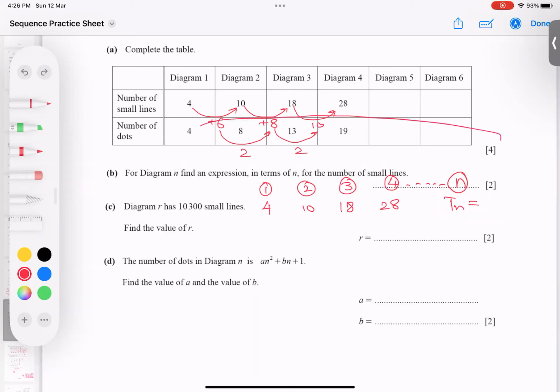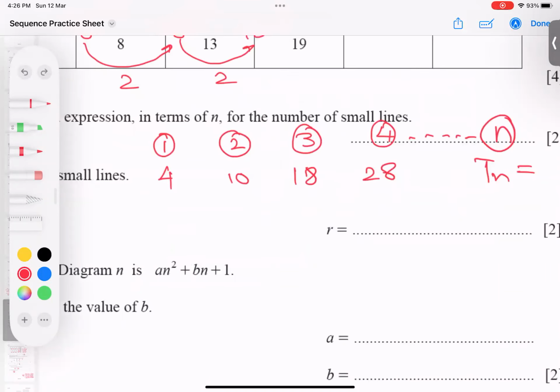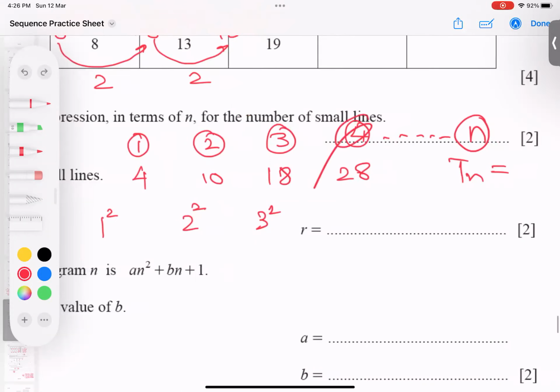Remember, I said that if the first difference is not the same but the second is the same, it is n to the power 2. So let's start with 1 to the power 2, 2 to the power 2, 3 to the power 2, 4 to the power 2, and n to the power 2.